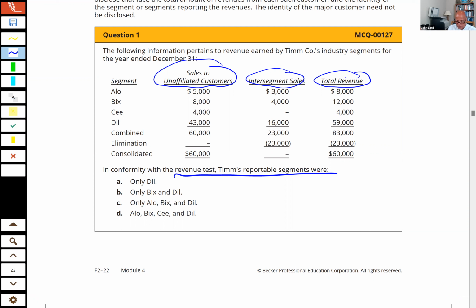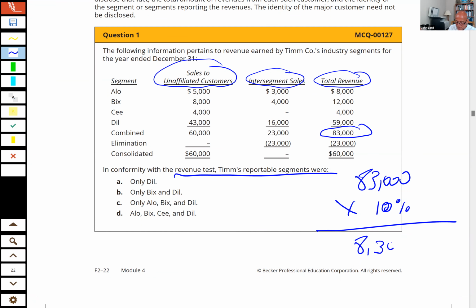I don't worry about eliminations. So I pick up the 83,000 and multiply it by 10%, which I had to have memorized or I couldn't answer this question. That gives me 8,300. Now I look to the segments to see which have unconsolidated revenues greater than or equal to that 8,300 number.